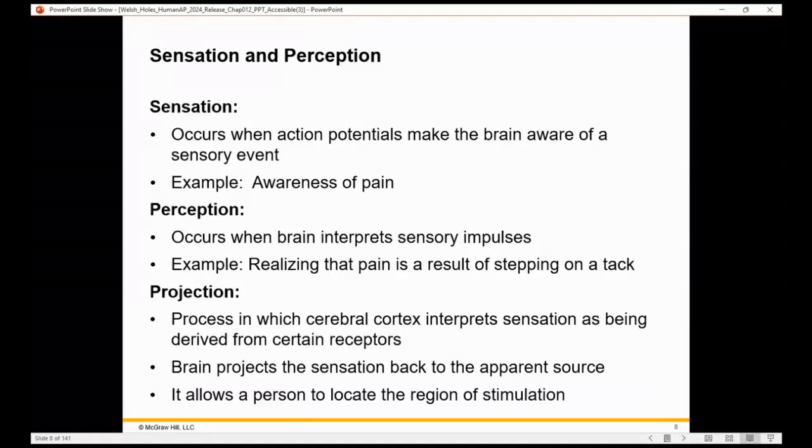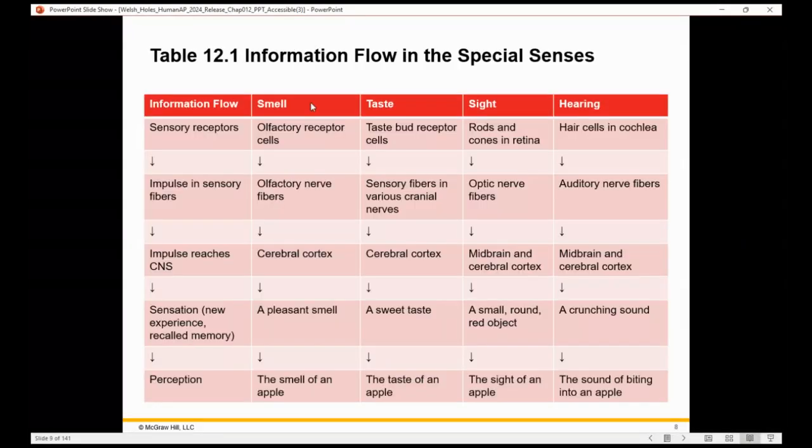And projection is a process in which the cerebral cortex interprets sensation as being derived from certain receptors. The brain projects a sensation back to the apparent source, and it allows a person to locate the region of the stimulation.